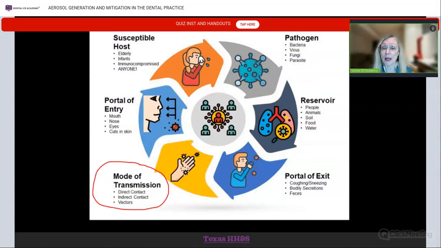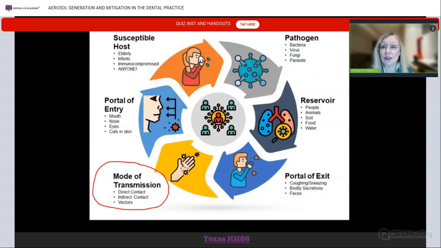Portal of exit is a way for that pathogen to escape its host. So that would be through coughing and sneezing, perhaps. It could be through bodily secretions, feces, and then a mode of transmission. We need a way to provide transport to that pathogen from one host to another.